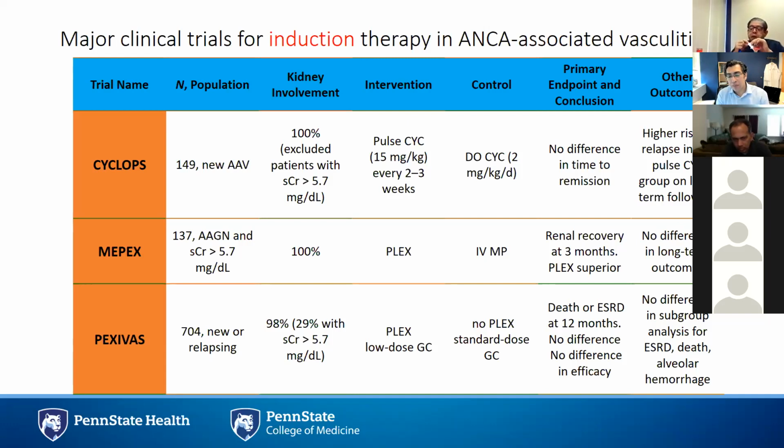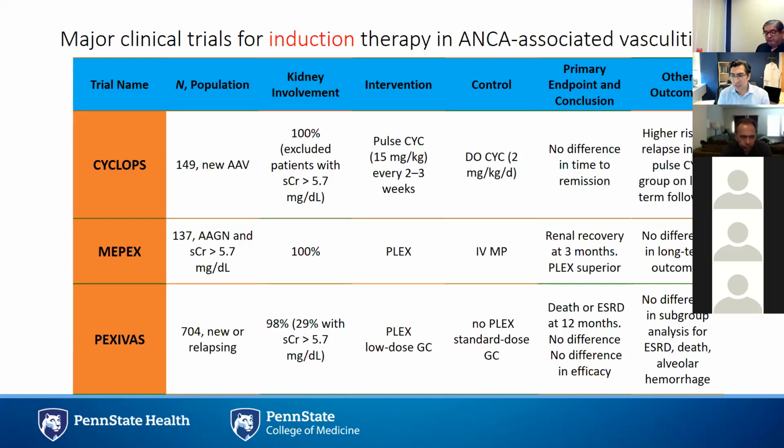So they had plasma exchange with low dose glucocorticoid, and the control was no plasma exchange but standard dose glucocorticoid. Their primary endpoint was death or end-stage kidney disease at 12 months. There was no difference in efficacy, and no difference in subgroup analysis for ESRD, death, or alveolar hemorrhage. So MEPEX showed superiority of plasma exchange, but when it was followed by PEXIVAS, there was no difference.